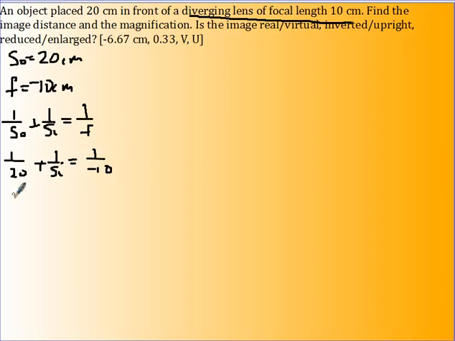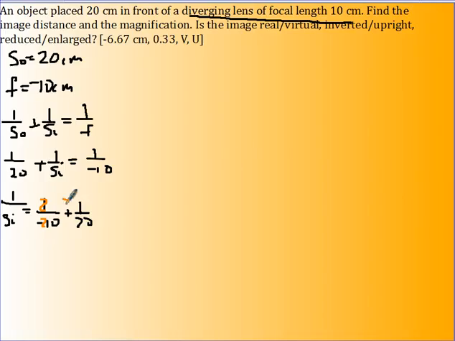So 1 over 20 plus 1 over SI is 1 over negative 10. Now I'm going to get SI by itself. So 1 over SI is 1 over negative 10 minus 1 over 20. Now I'm going to get a common denominator of 20. So that means I have to multiply this by 2 over 2. Oh, I left off a negative sign.